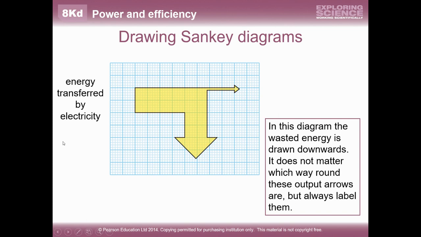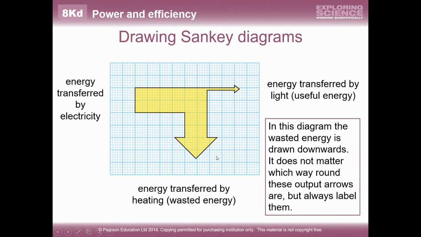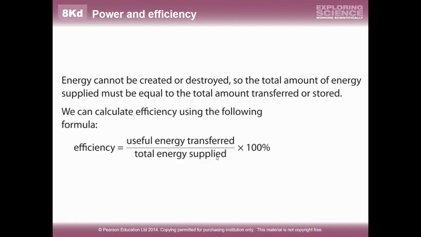Again, it's quite common, whether it's in joules or percent, to actually show the useful energy going in this direction from left to right, and the wasted energy, percent or power going down. Finally, you label your arrows stating what type of energy the input energy has been transferred to.